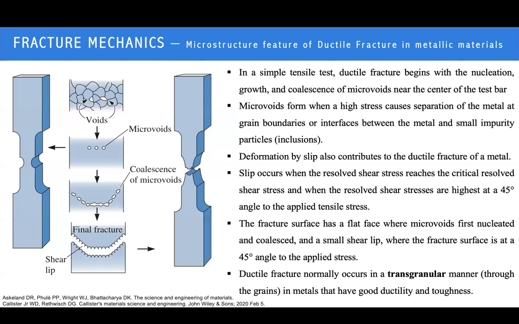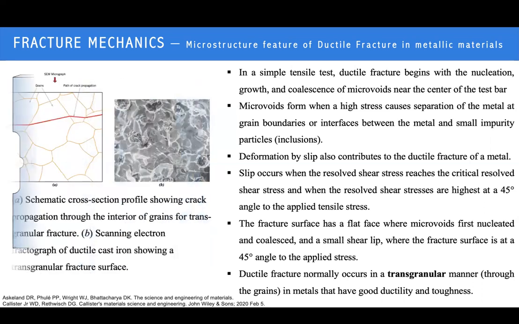So this kind of nature occurs in ductile fracture mechanics. The ductile fracture normally occurs in a triangular manner, so it's giving high ductility and also toughness. As you can see in the illustrated figure, the red line is like the propagation of the crack.